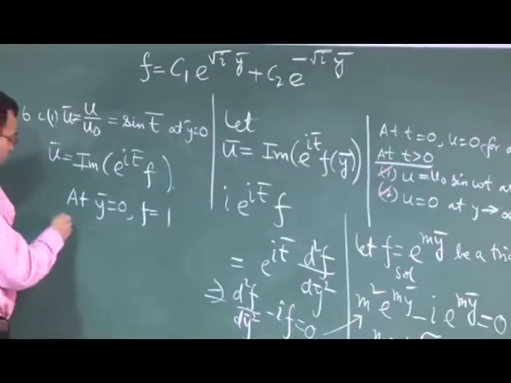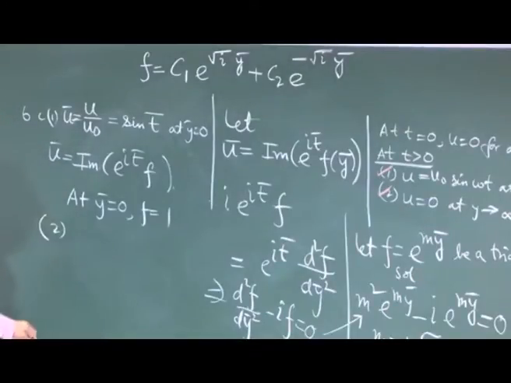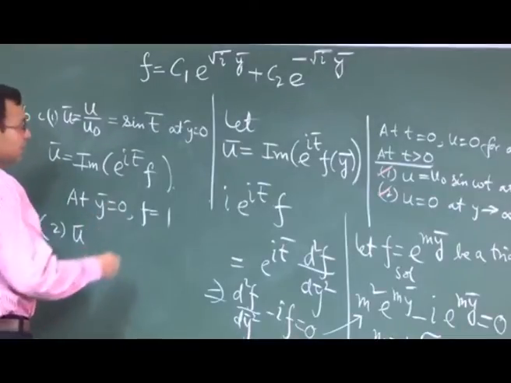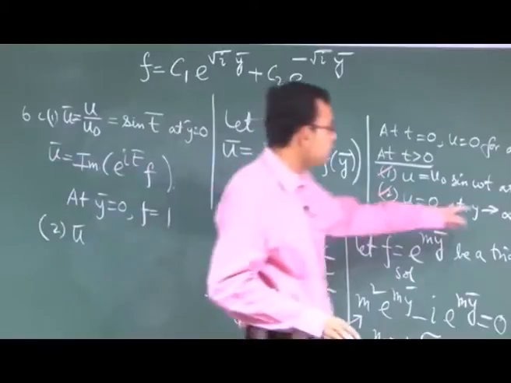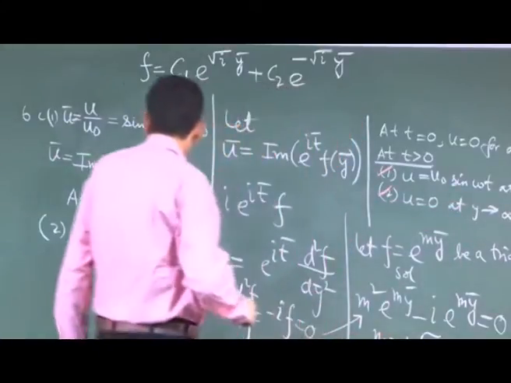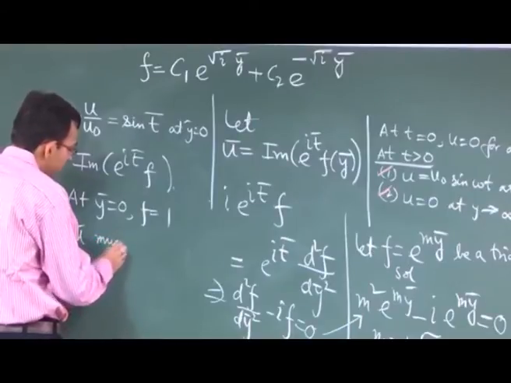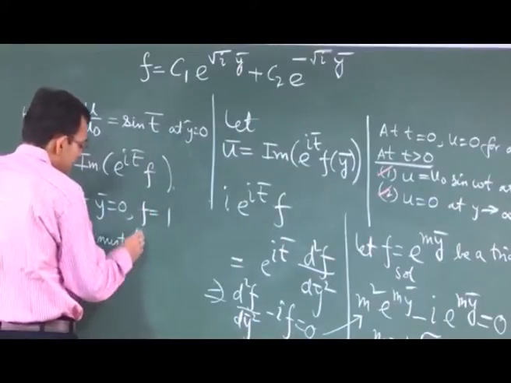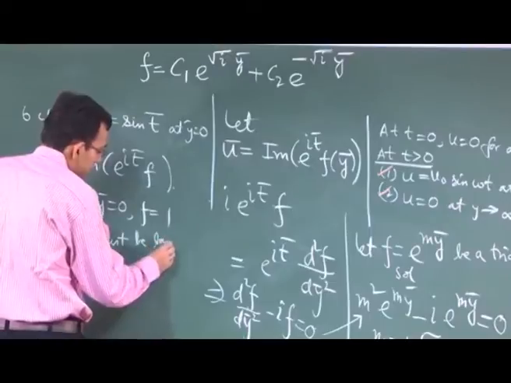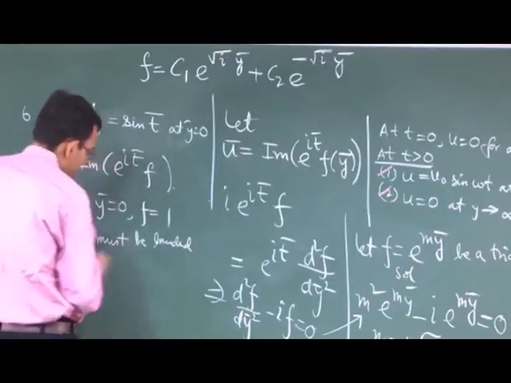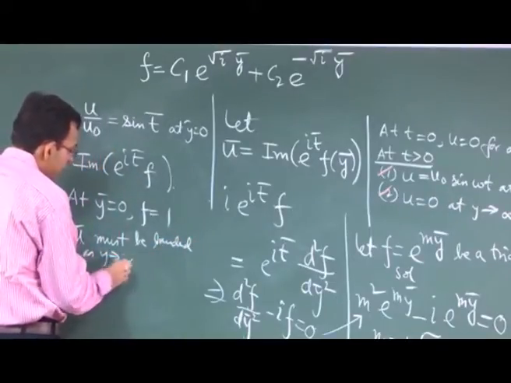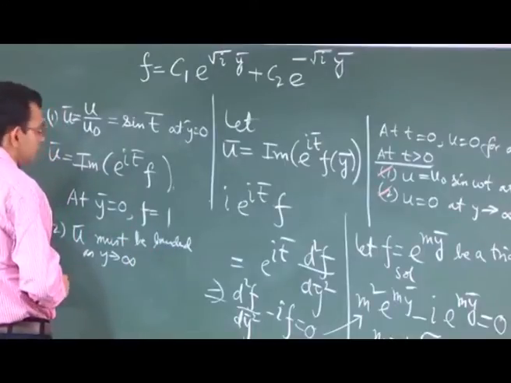and boundary condition 2 is that essentially u equal to 0 at y tends to infinity. So, in other words, u must be bounded as y tends to infinity. So, it cannot be infinitely large.